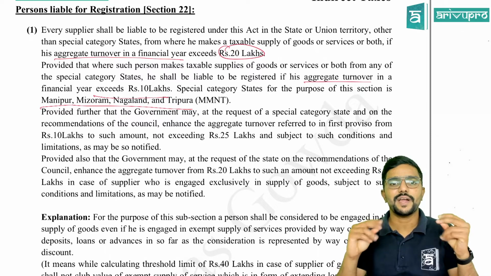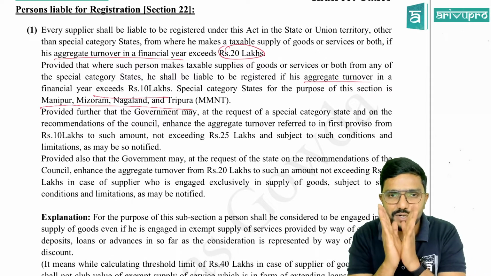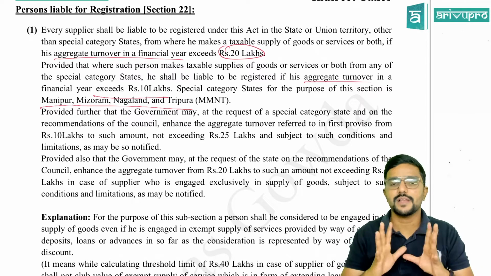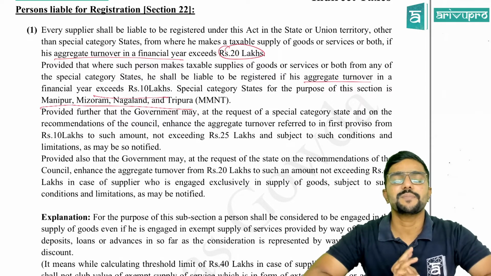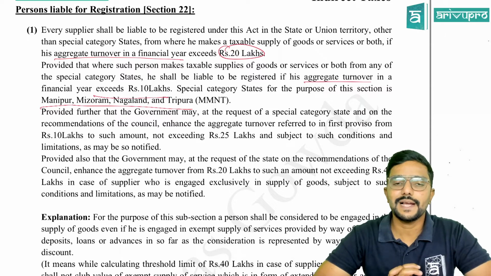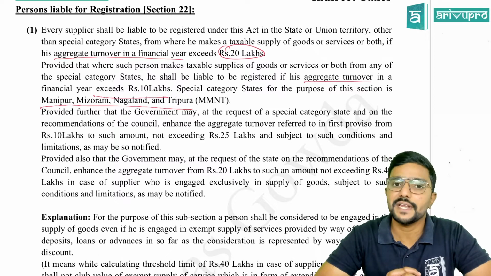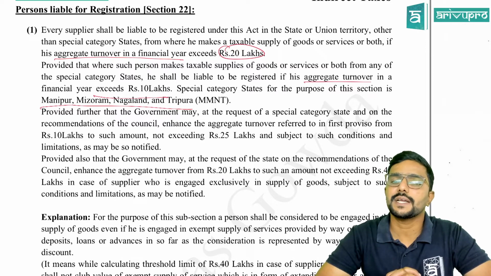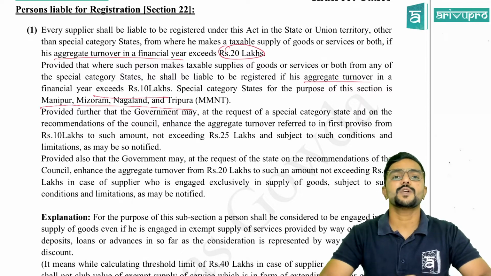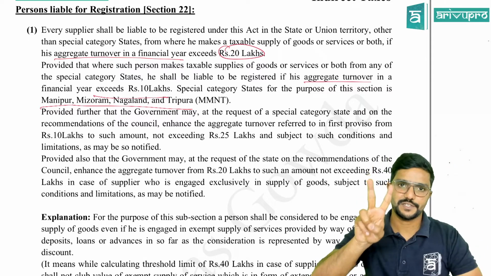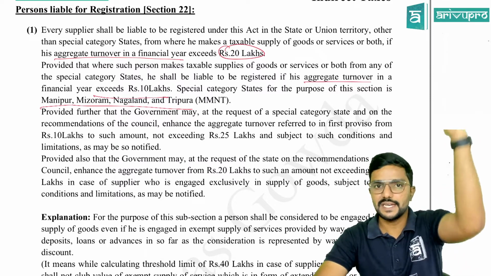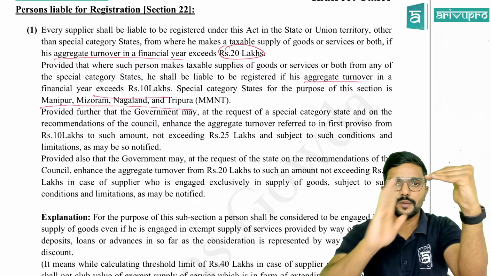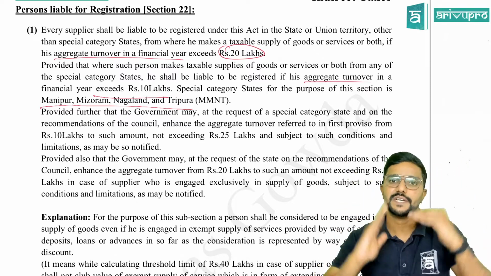Now pay attention. I will try to connect this with the composition scheme because there are chances that you may get confused. So please pay attention here. See, guys, as per Article 279A, there are totally 11 special category states, that is 3 hilly states or topmost states plus 8 northeastern states.